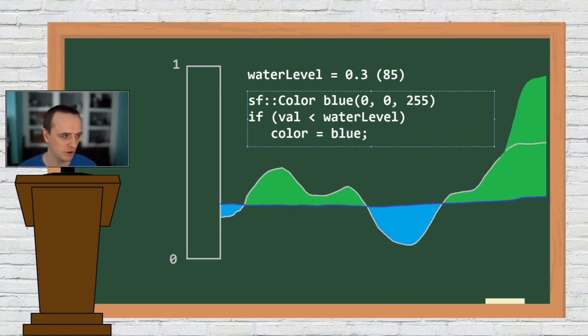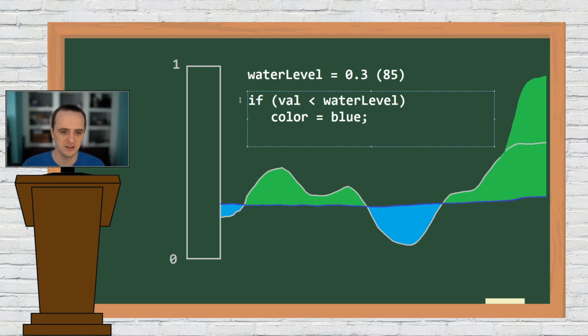We can do that if we want, but maybe we want to go one little step further. And we say, okay, water that's deeper should be darker, right? So what we could do is say, if the value is less than the water level, then the color equals, and we'll set C equals color.